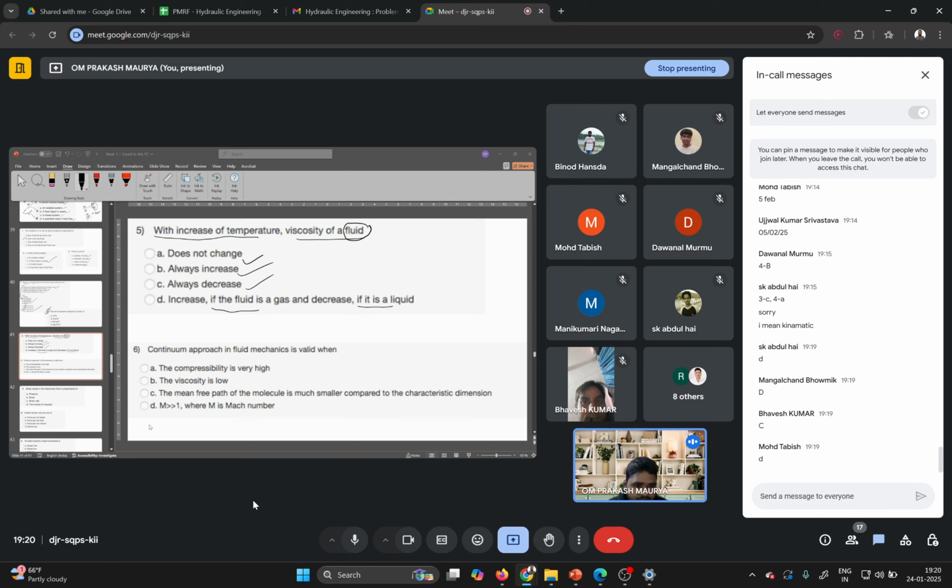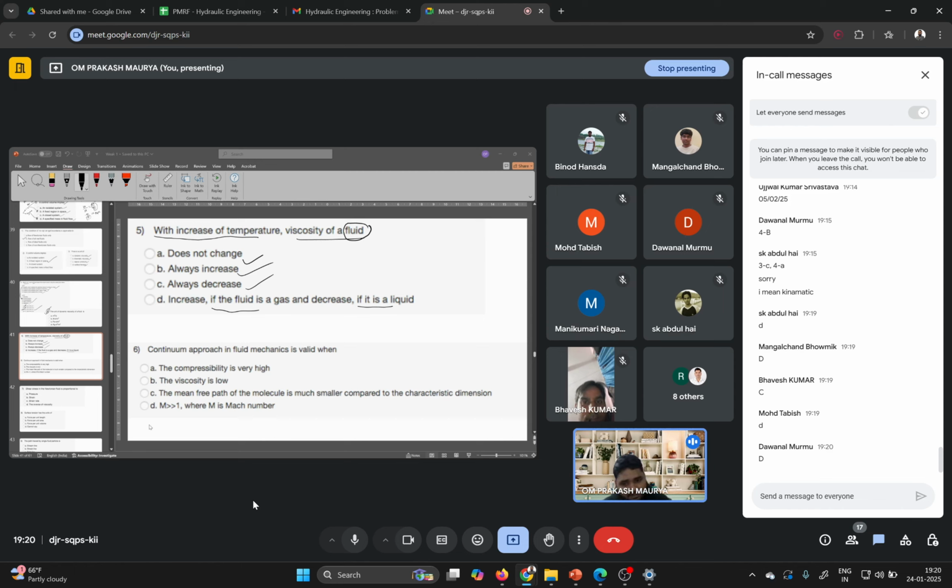Tavis is telling option D. Okay, most of the students are telling D. Good. Murmu is also telling option D.